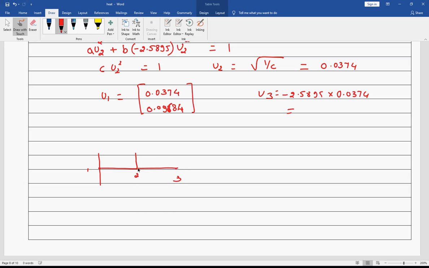So now this height is represented by 0.0374, and this value is considered to be 0.09684. This is what I call the first mode shape.